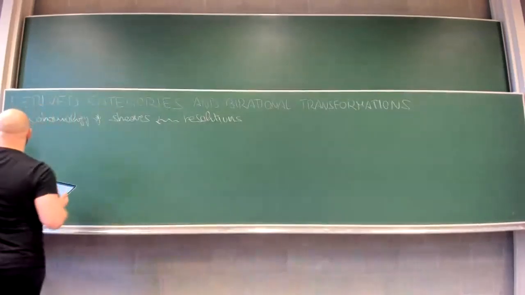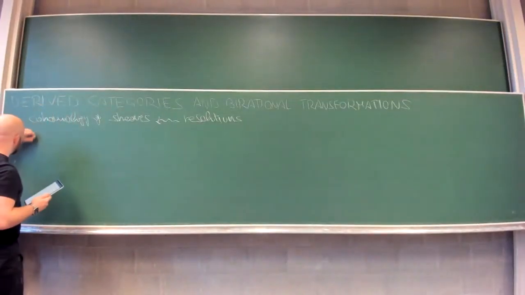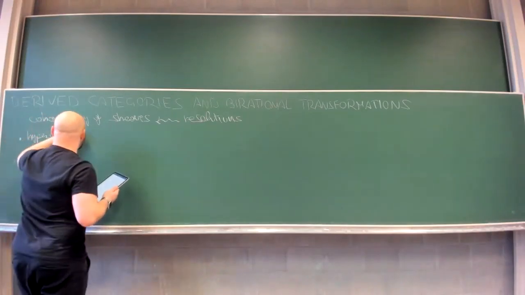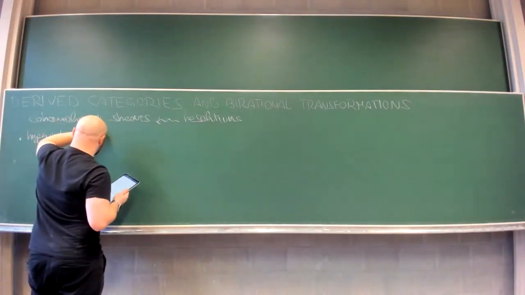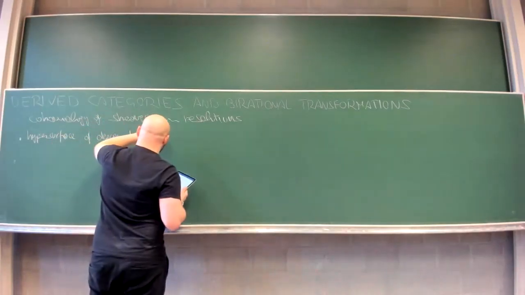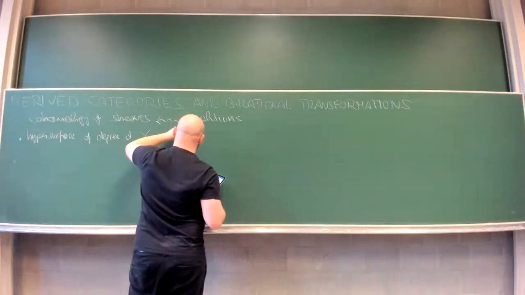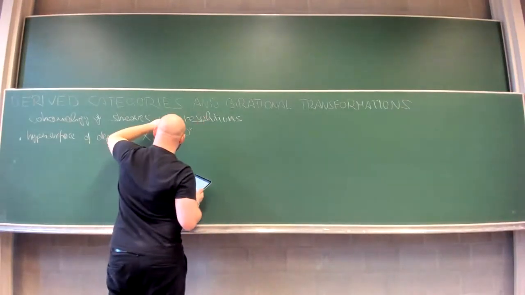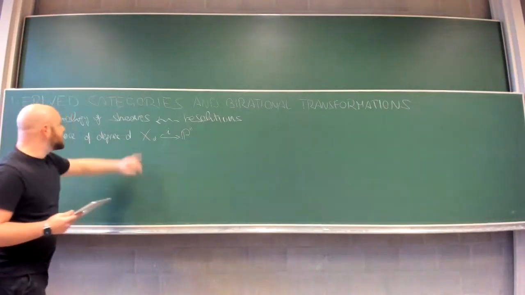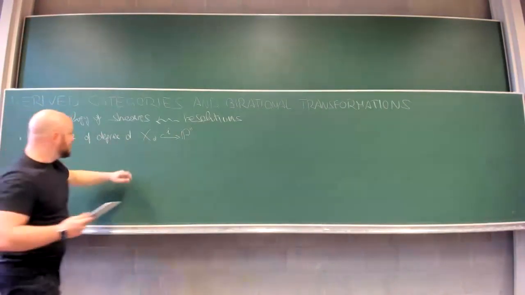For instance, consider hypersurfaces of degree d in the projective space, let's say Pn, and let's call this embedding I. We might be interested in studying the structure sheaf of the hypersurface.